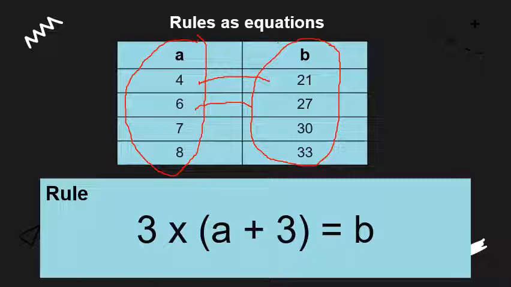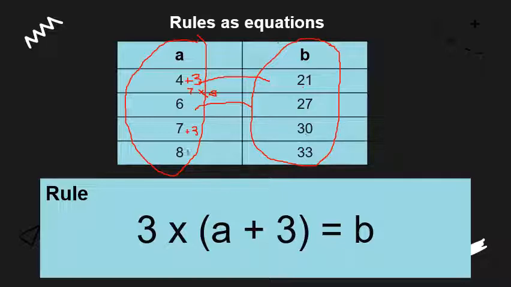So I'm going to say, well, I know that 4 plus 3 is 7, and 7 times 3 is 21. Same here, 6 plus 3 is 9, 9 times 3 is 27. 7 plus 3 is 10, 10 times 3 is 30. So this rule applies to each of these situations.